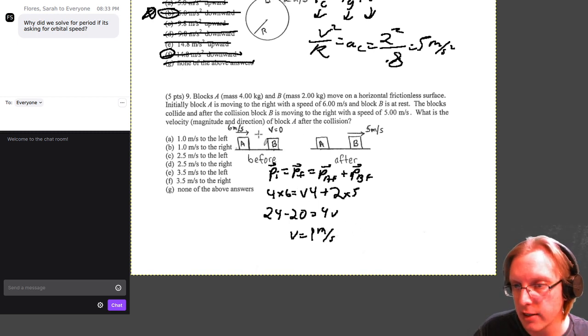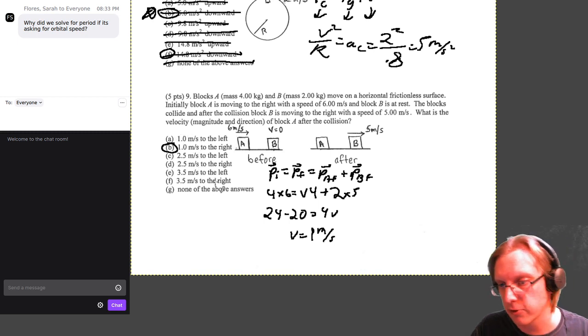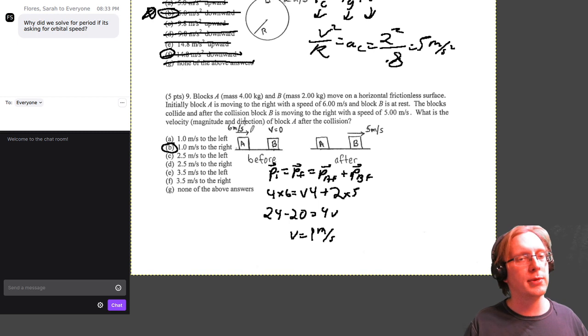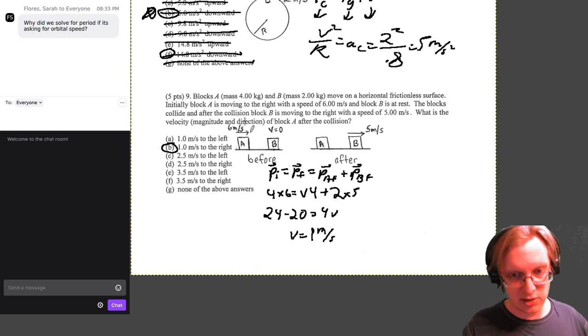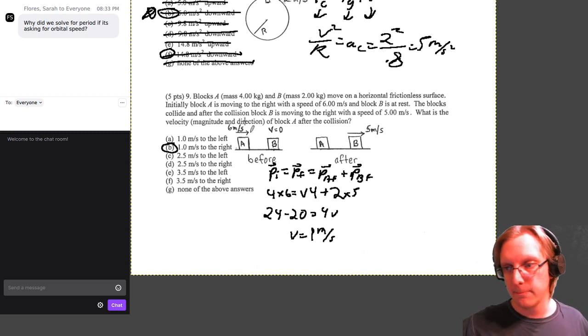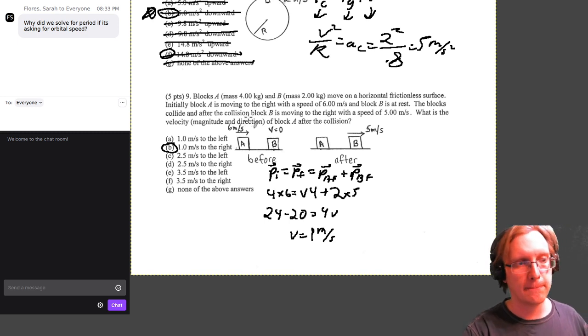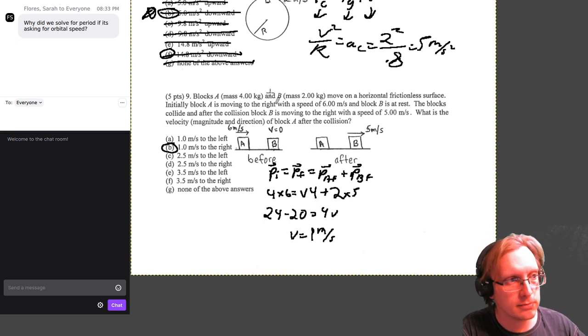I have defined that the right direction is positive, so this here is the answer I'm looking for. If you defined it differently, this would be minus 1, and these are different kinds of numbers for people who decide to do things funny with their algebra. Questions about momentum and momentum conservation? Hearing none.